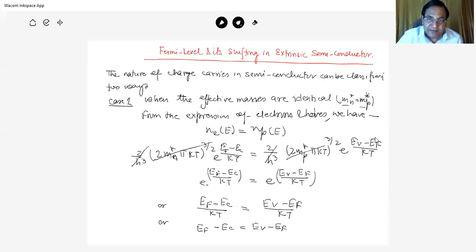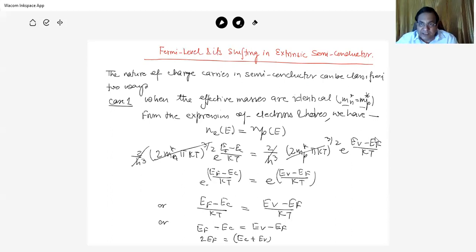So the negative EF is transferred from right side to left side, so this is 2EF, and EC is transferred from left to right, so this is EC plus EV.